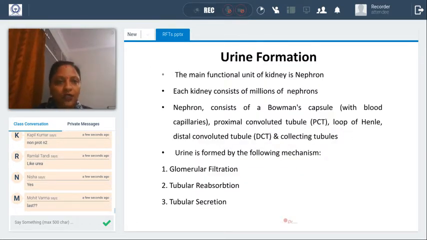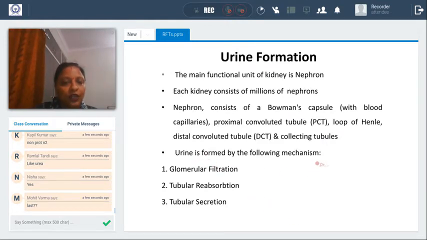The most important function of kidneys, as you all know, is urine formation. The main functional unit of the kidney is the nephron. Each kidney consists of millions of nephrons. Nephrons consist of Bowman's capsule with blood capillaries, proximal convoluted tubules, PCT, loop of Henle, distal convoluted tubules, DCT, and collecting tubules.